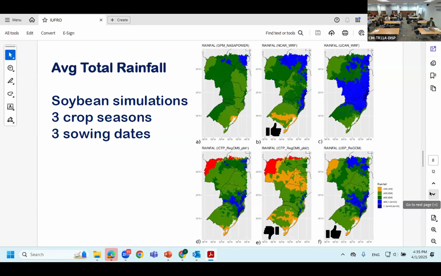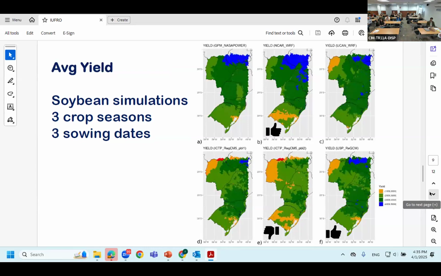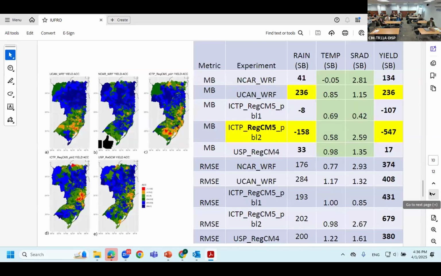And as a consequence, this is the average yield. Basically, they mostly follow the same pattern, and the models that do a good job simulating precipitation also have a very similar pattern of average yields. You can see here small differences, but in general, the patterns are very, very similar. And this is some statistics. This is the temporal correlation for every county.